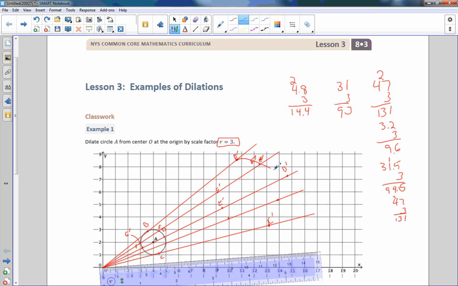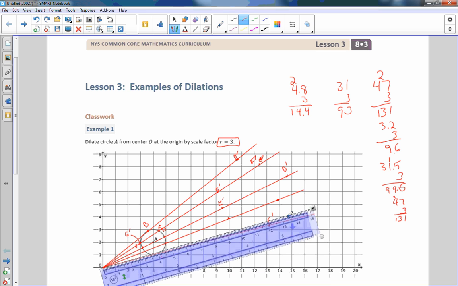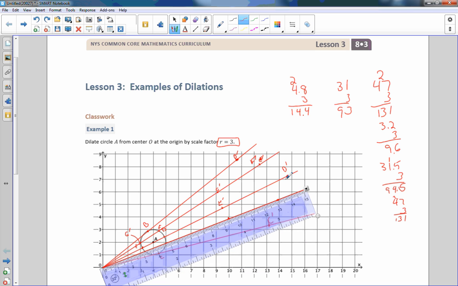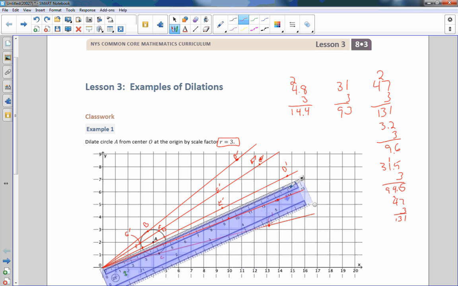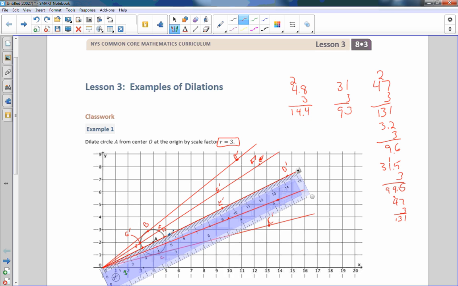Okay, so now I'm just going to come around and, all right, what's going on here? This point doesn't seem to be out far enough. Let me check that one. Or is D too far? This was 48 or 47. 45, 6, 7, 8. 48 is here. 48 times 3, 8 times 3 is 24, 12, 14, 14.4.